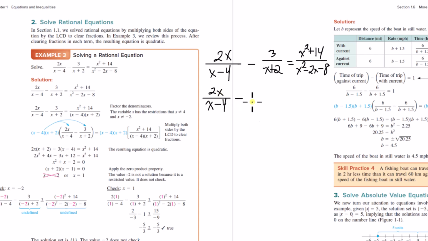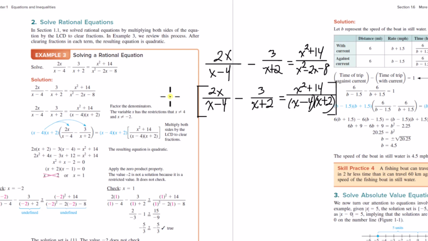Okay, you've got x plus 2. And then this would be x minus 4, x plus 2, and then x squared plus 14. Okay, so now we want to clear the fractions.